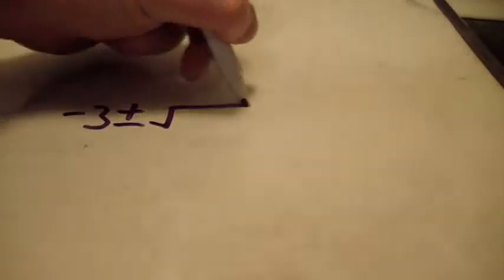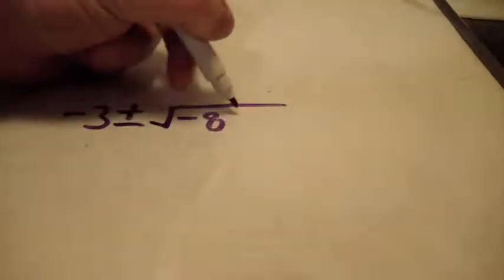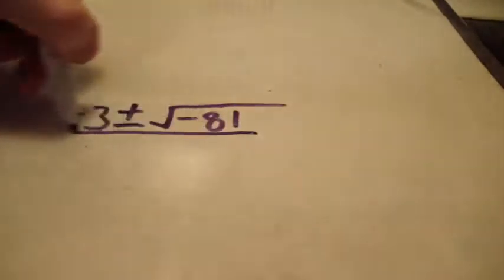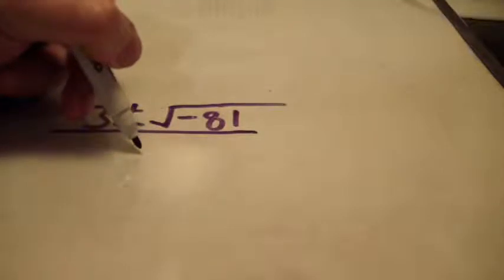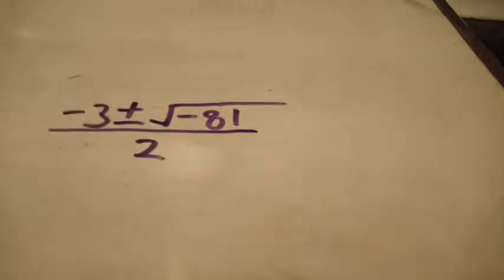Let's say at the very end of using the quadratic solution, you would have gotten a number like this: negative 3 plus or minus the square root of negative 81, divided by 2.